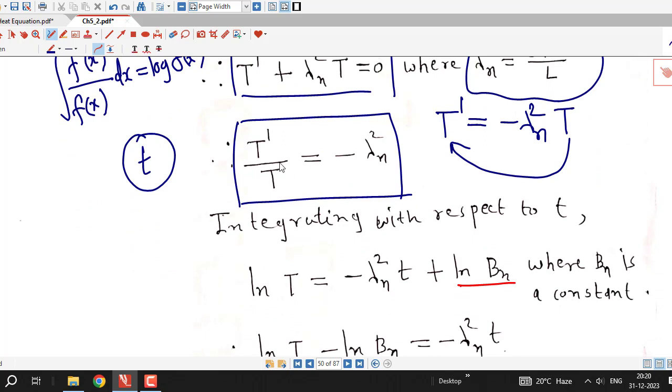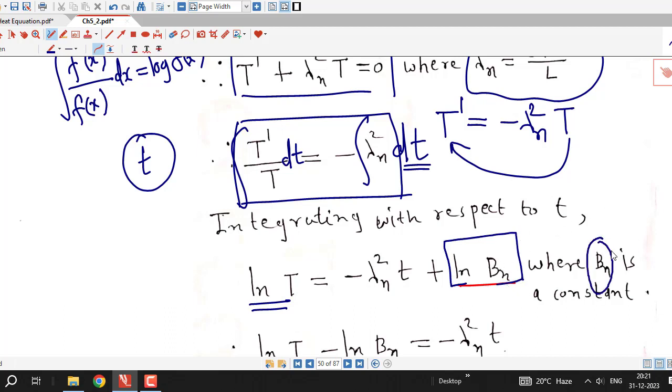Therefore, the integral of T dash over T with respect to t is the natural logarithm of the function capital T. Here we have the integral with respect to t, that is we will have minus lambda n square constant. Integral of 1 with respect to t is small t, plus some constant of integration that we have adjusted as logarithm of bn. bn is an arbitrary constant.